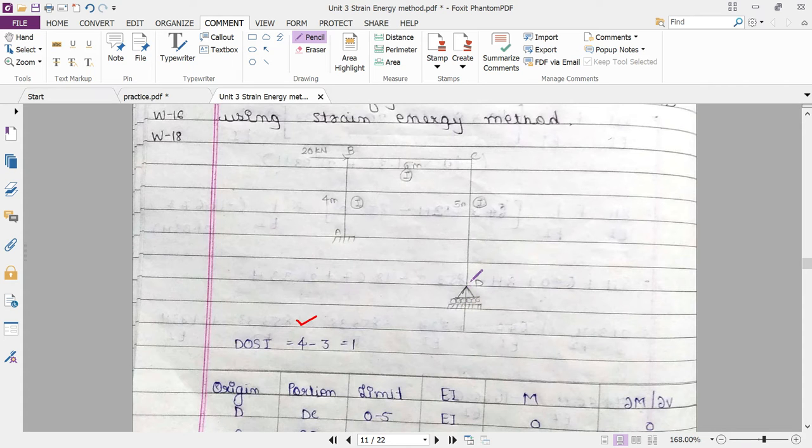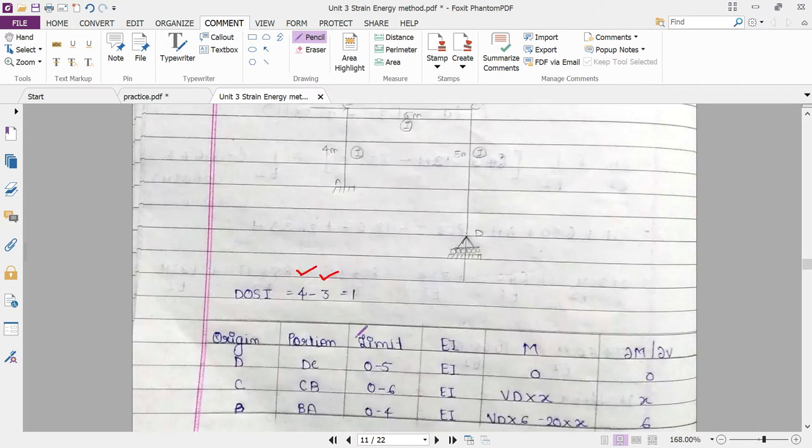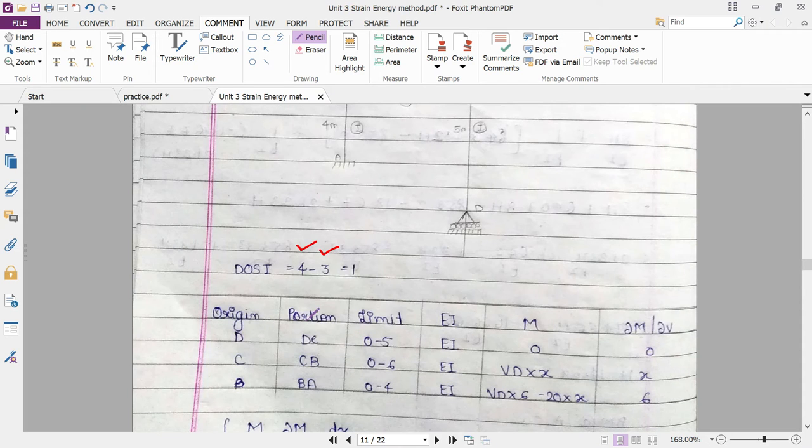So whenever in a portal frame there is a roller support, you have to analyze that portal frame for the vertical reaction only. We know that the known degree of freedom is 3, so 4 minus 3 equals 1. Now we consider each portion and apply Castigliano's theorem.